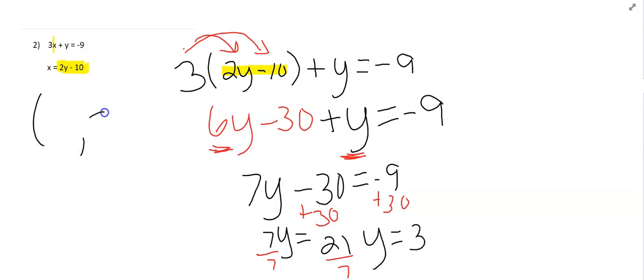So I've got a part of my answer, remembering that for a system, our answer is a point where they cross. So I still need to find x.